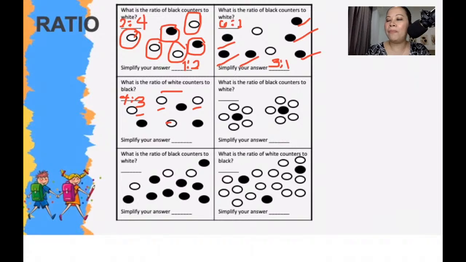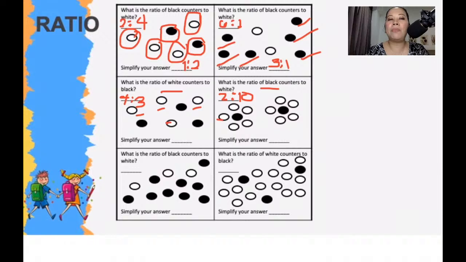The other one, you are asked, what is the ratio of black counters to white? So black, there are 2 blacks, and then how many whites are there? You count 1, 2, 3, 4, 5, 6, 7, 8, 9, 10. So 2 is to 10. So what is the simplified form of 2 is to 10?